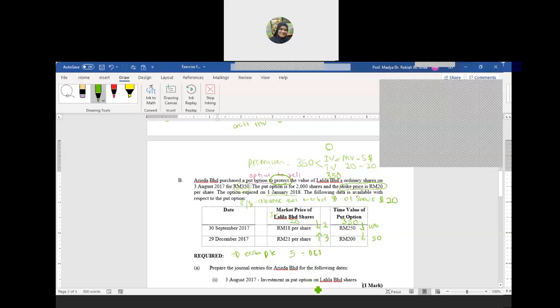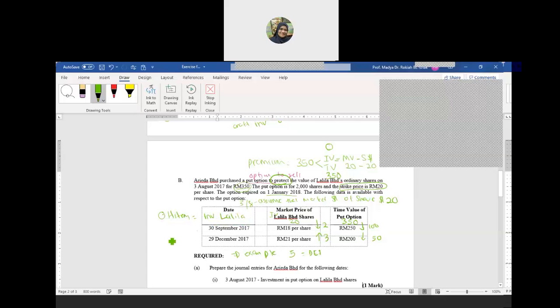So we're going to prepare the journal entries here. Based on example 5, we assume that we protect by doing the hedging activity. So we're going to have two items here. The first item is the hedged item, which is your investment in Lalila.